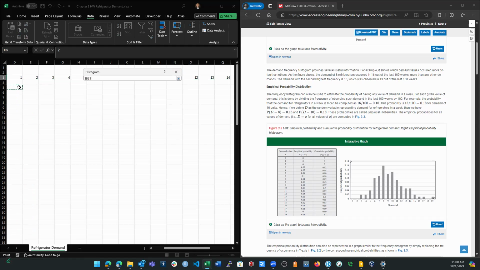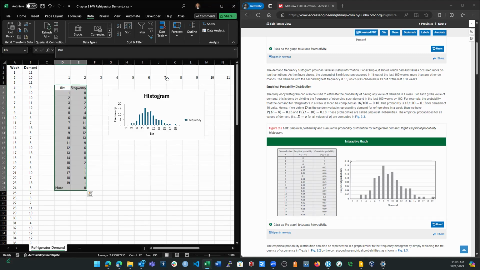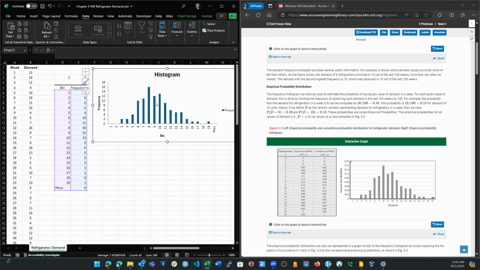I'm going to output this to cell D5 right here on the same sheet. And then I do want to click on chart output. If we do that, we've created this histogram. So we now have a histogram that displays the frequency of these demands by week, which is right here.